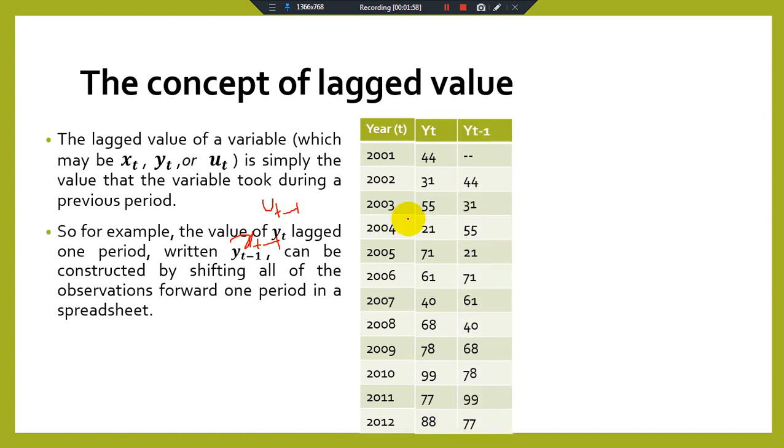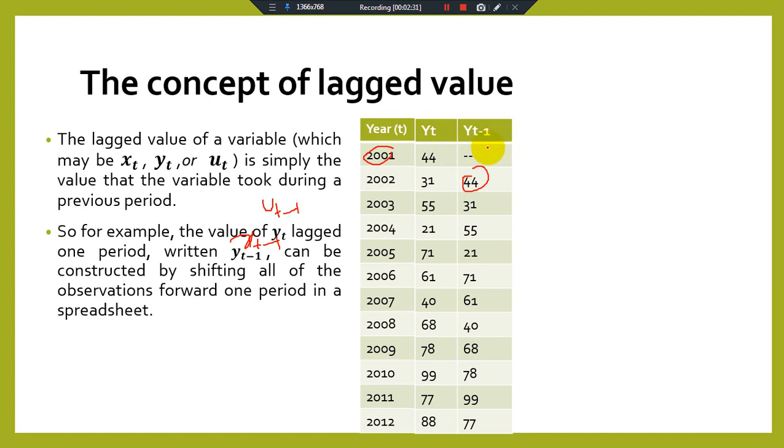When we take the one period lag, then the value of 2001 will start from 2002. Now we have 11 observations for empirical analysis, and we cannot put any value in front of the 2001 year. This is our empty year.